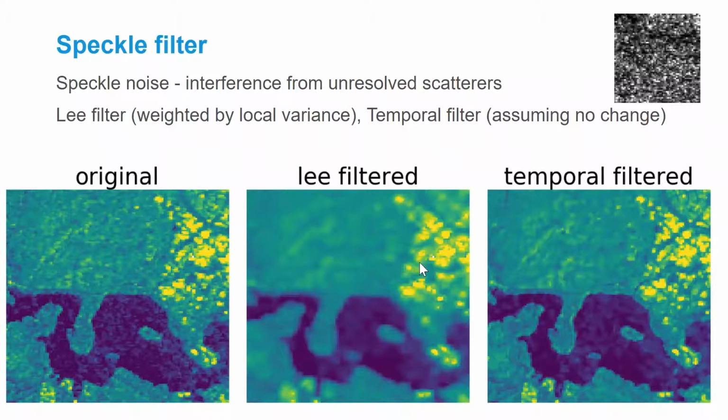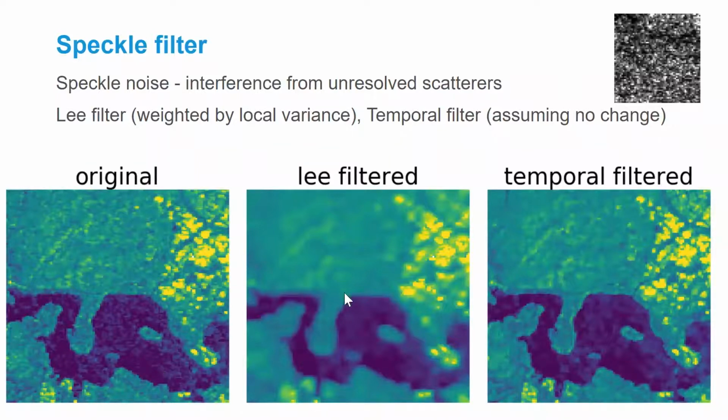So here we're showing the effects of two popular speckle filters. I think the Lee filter is implemented in some of the example notebooks. This is the original image. As you can see, especially over water, because water has very low signal, there's quite a lot of noise, with brighter pixels within the water.